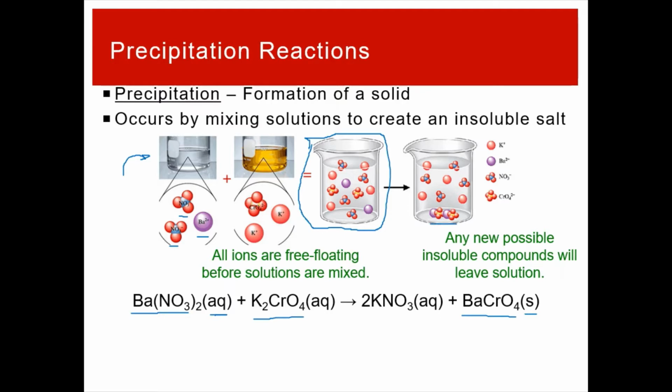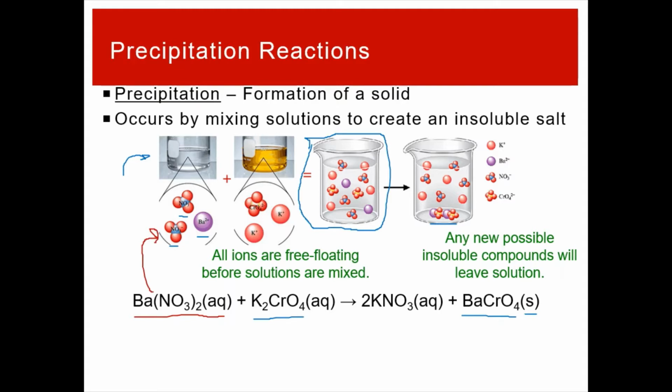I do want to make a note, as we're going to deal with a lot of ionic compounds. You can see we have this ionic formula, where we've represented a full ionic compound and then put aq after it. What that means is that it is an ionic compound that is dissolved. We know that in reality, if you could zoom in, those ions are floating around separately from each other.